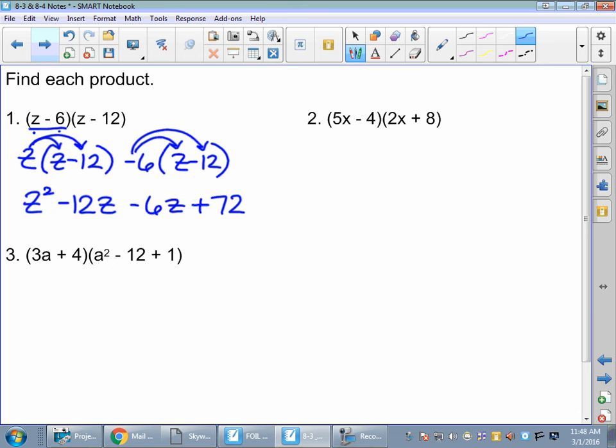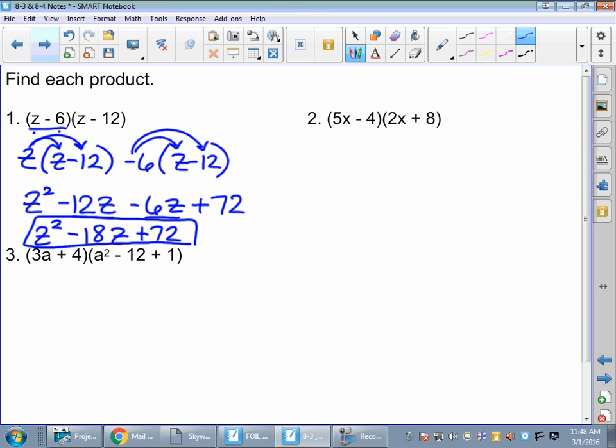The last thing we have to look for is any terms that need to be combined. I see a negative 12z and a negative 6z in the middle, which makes negative 18z. So we leave z squared alone, minus 18z plus 72, and that is the final answer.